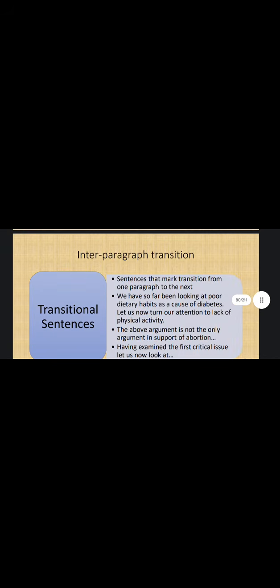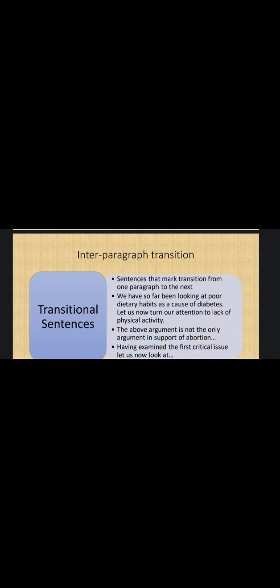And then the paragraph transition: sentences that mark the transition from one paragraph to the next. When you say inter-paragraph transition, it's a sentence that marks transition from paragraph 1 to another paragraph. How will the person know that you are writing the next paragraph?